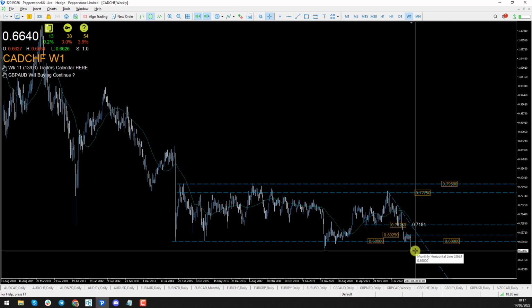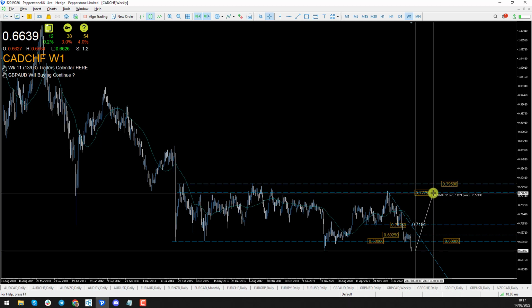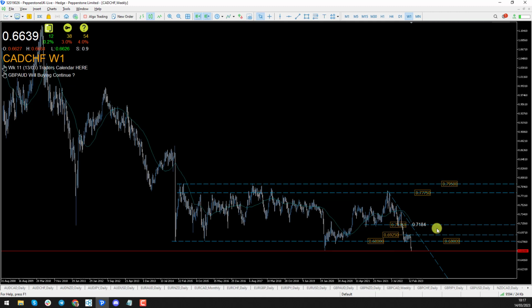The reason why I said that is because if we measure from the 0.66 handle up to the lower high of the range, which is this 0.775, then that's around about 1,167 pips.